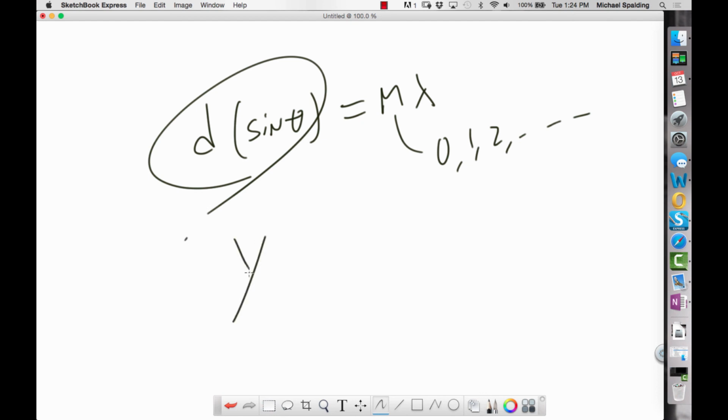And then you can also use this equation, y, which is where the bright spot is on the screen, equals m lambda L over D. Wait, did I write that down correctly? Those were the equations we derived for the double slit experiment. Yeah, that's right.